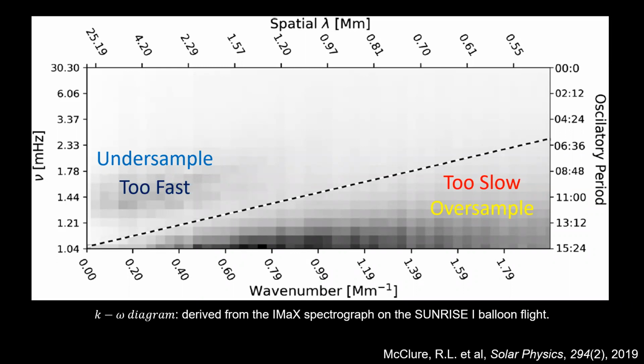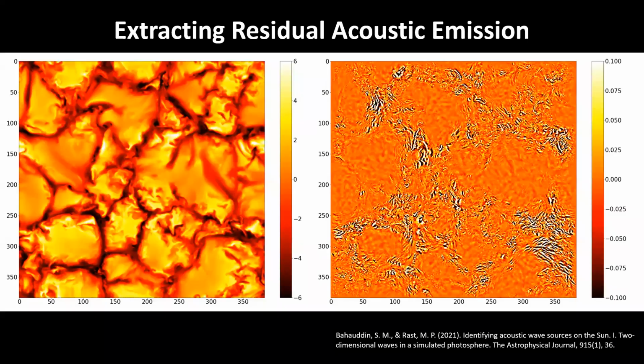So this is what we have done. We have developed our own filter based on this understanding, and we have applied it in a simulated photosphere that we collected from a Muram simulation. And this is what it looks like. On the left, what we have is the line of sight velocity of the solar photosphere.